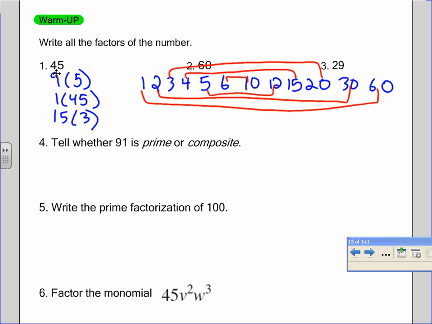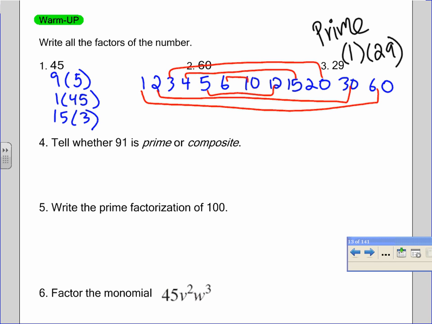Yeah, that's a good point. Okay, what about 29? Adam? Okay, it is prime, so what's the only factor? Good. So for 29, it's 29 and 1. It is prime, so I'm just going to write above it prime. Remember, prime number, the only factors are 1 and itself.